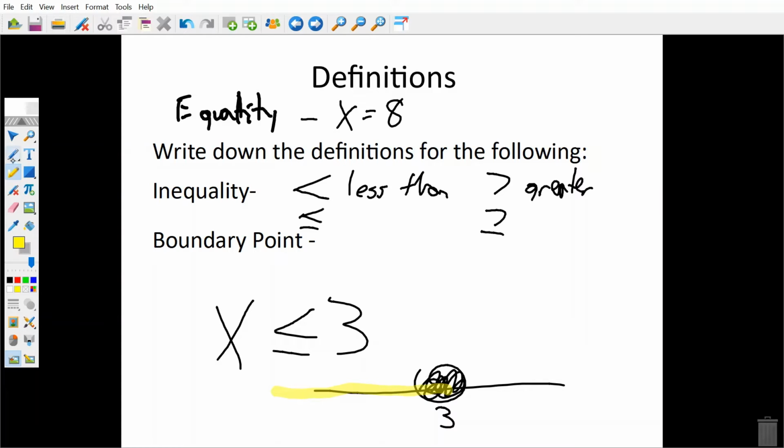If our solution was x is less than or equal to 3, and we were given 8 as a possible answer, then we know that 8 is not valid, because it is not less than or equal to 3. 2 could be a possible answer. -7 could be a possible answer, because these are both less than or equal to 3. Okay, let's take a look at that a little bit more in detail.